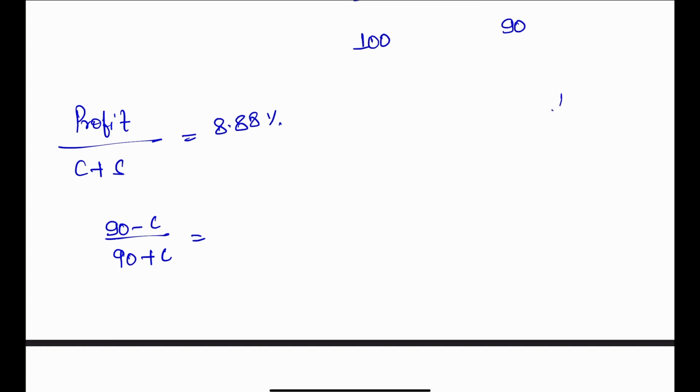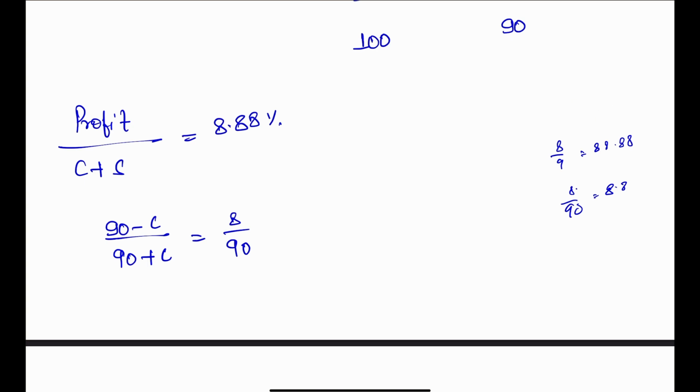So 1 by 9 is 11.11, right? Yeah, so 8 by 9 will be 88.88, but 8 by 90 will be 8.88. So I can write it as 8 by 90, right?